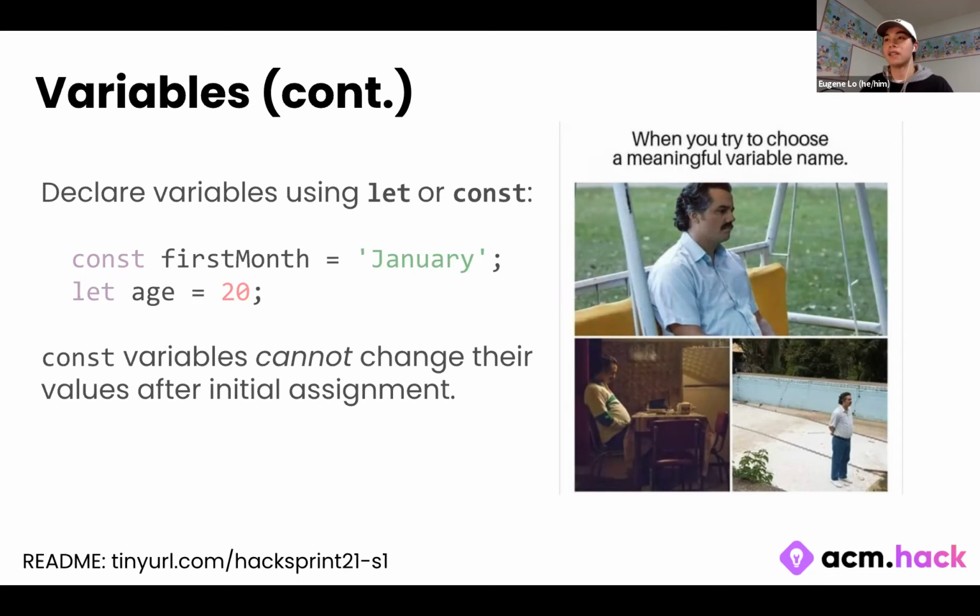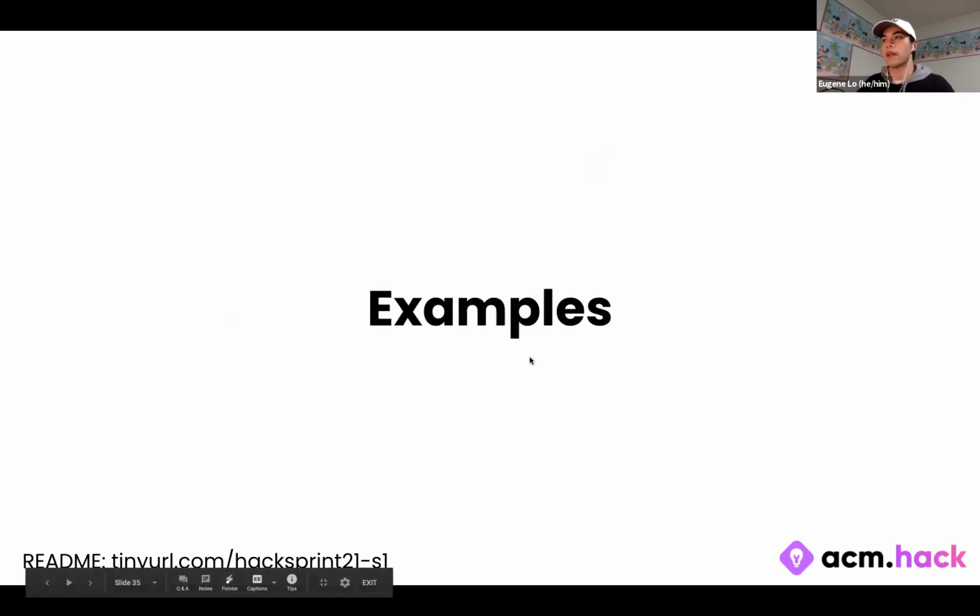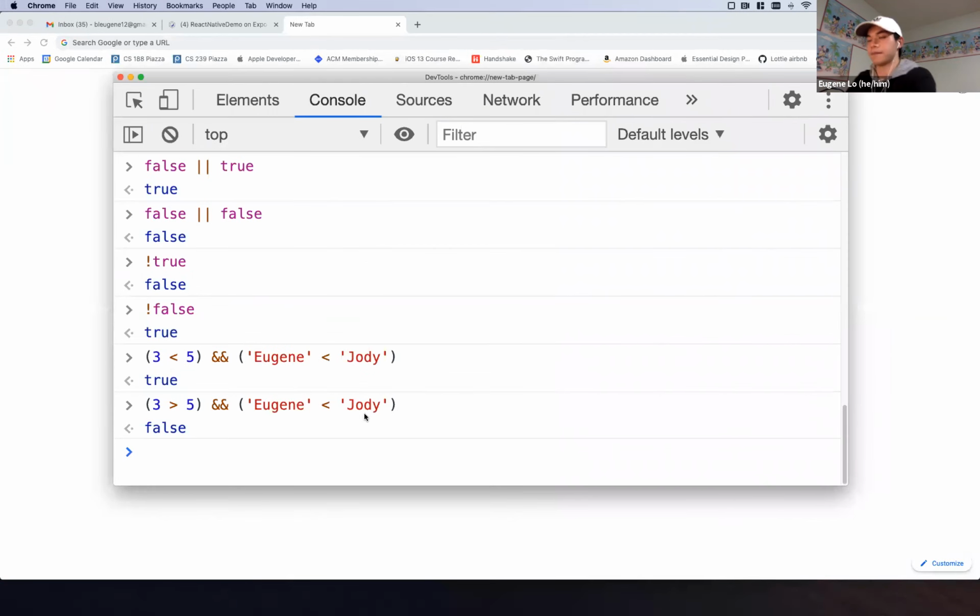Also, we have let age, so we have an age variable, and then we assign 20 to that. One point of distinction between const and let is that const variables are constant variables, so they cannot change their values after they're initially assigned. Okay, let's do some quick examples related to that.